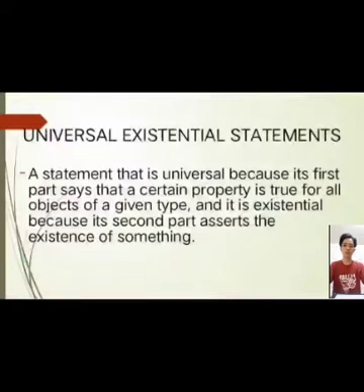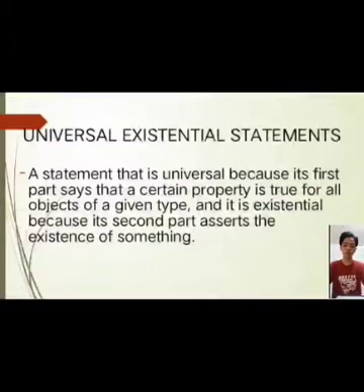Universal existential statement. A statement that is universal because its first part says that a certain property is true for all objects of a given type, and it is existential because its second part asserts the existence of something.